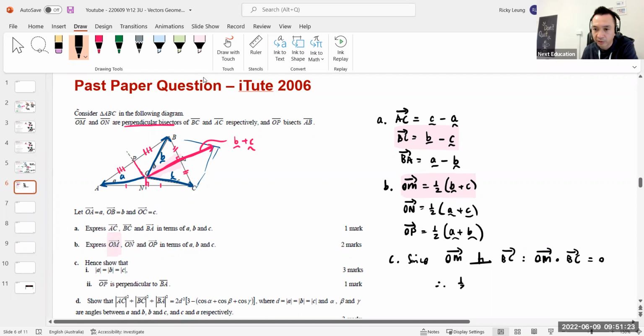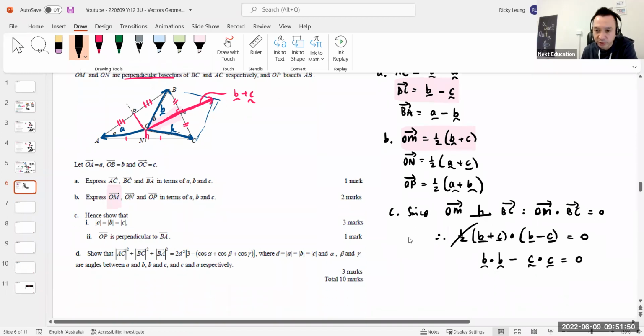Therefore, half B plus C dot B minus C equals 0. Half goes away, right? Therefore, difference of 2 squares. So B dot B minus C dot C is 0. We know that means a magnitude squared minus magnitude squared is 0. Therefore, magnitude of B equals C, firstly.